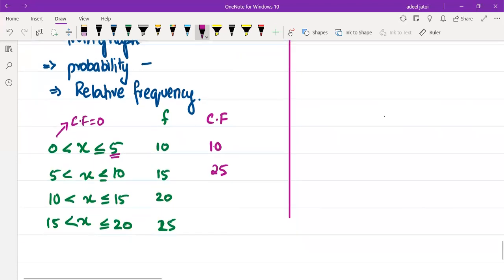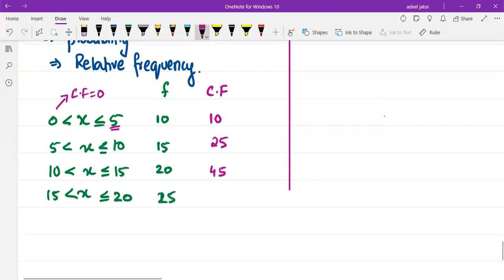Similarly, the frequency in the third class width will be added to the sum of the frequencies of the two previous class widths. That means 25 plus 20 will become 45. Then the 25 in the last class width frequency will be added to the sum of the three class width frequencies, which is known as your cumulative frequency, which means 45 plus 25 will be 70.